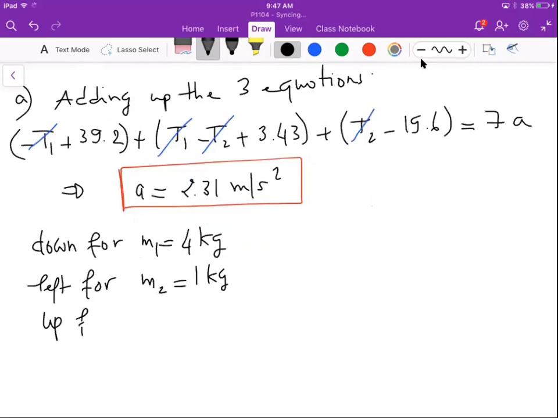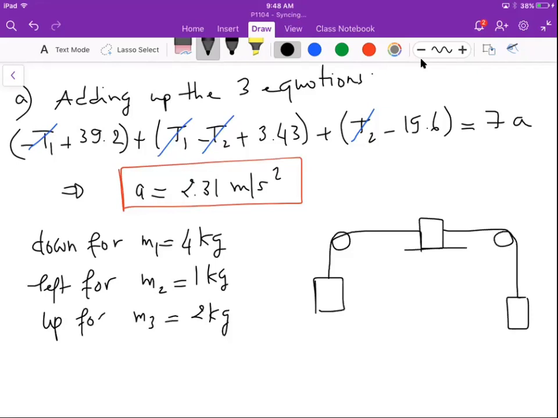As we saw, the modulus of A came out positive, meaning the projections of A on the x and y axes were 100% correct, and therefore we can confirm that M1, M2 and M3 are moving just like we drew them.